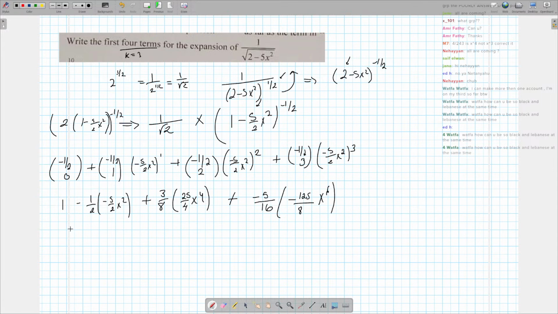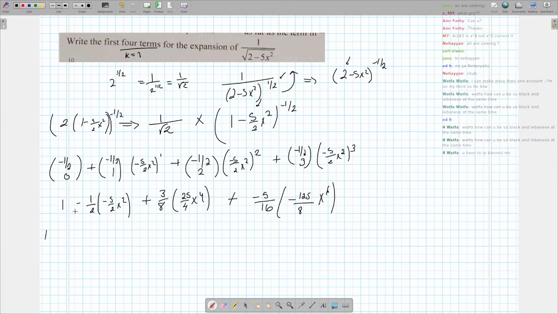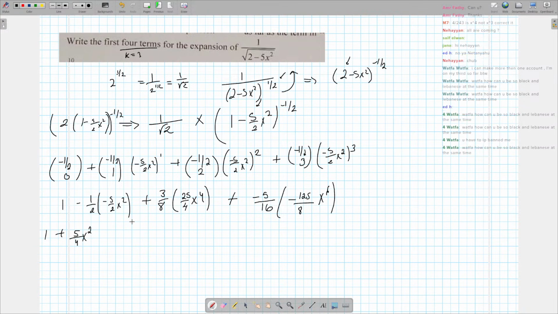Okay, let's see. Continue simplifying. 1 minus, minus times minus is going to become plus. This is going to become 5 over 4 x squared. This is plus plus, so it doesn't matter. So it's going to be 3 times 25 over 4. It's going to become 75 over 32 x to the 4.